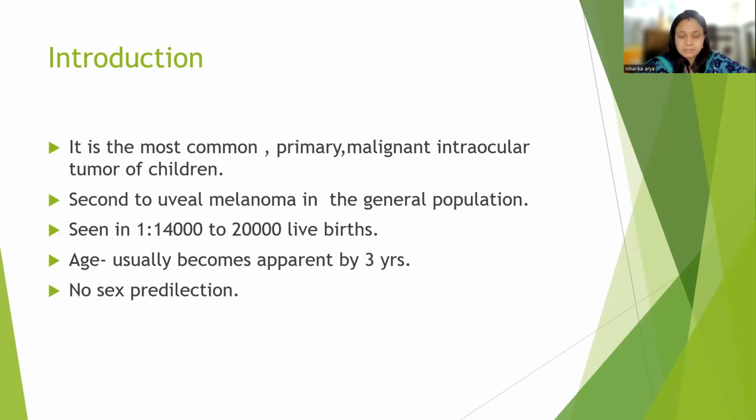The age usually becomes apparent by 3 years. So it is the most common primary malignant intraocular tumor of children, and is second to the uveal melanoma in the general population.